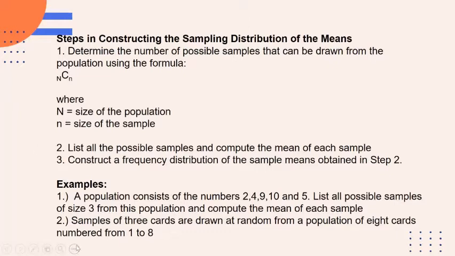Second, list all the possible samples and compute the mean of each sample. Third, construct a frequency distribution of the sample means obtained in step 2. Let's have two examples so we can understand what I am talking about.